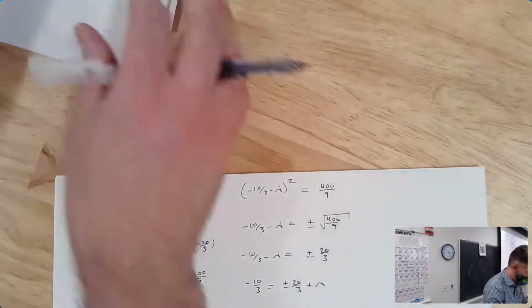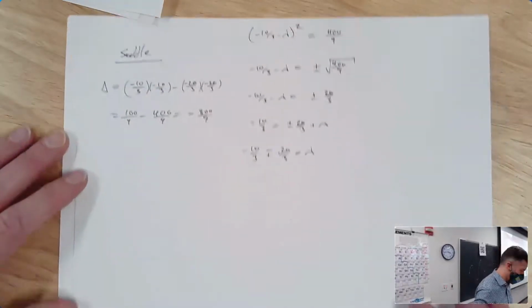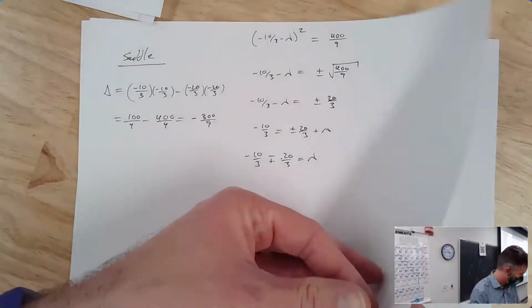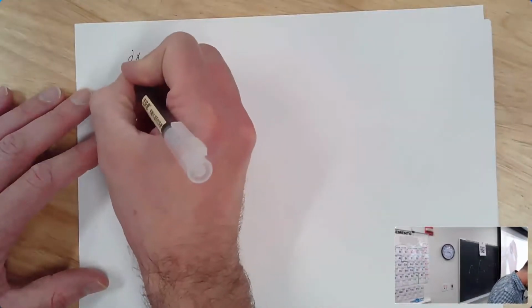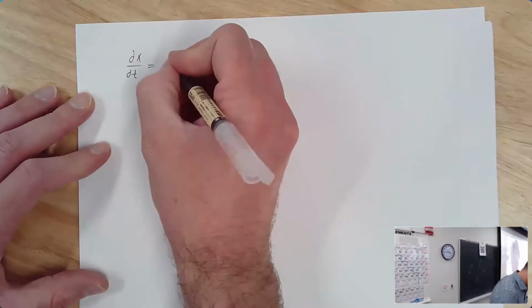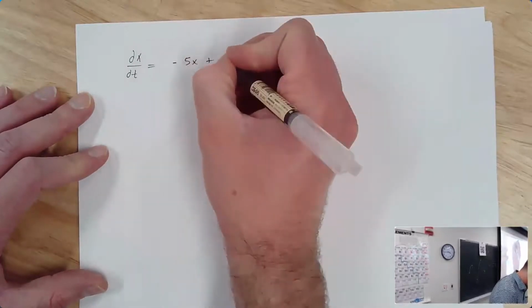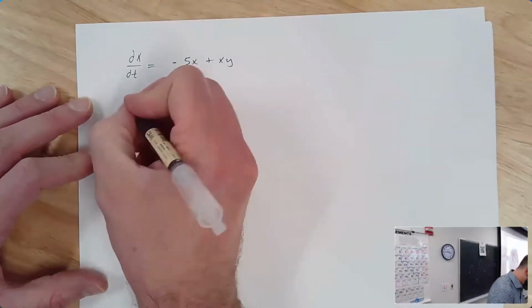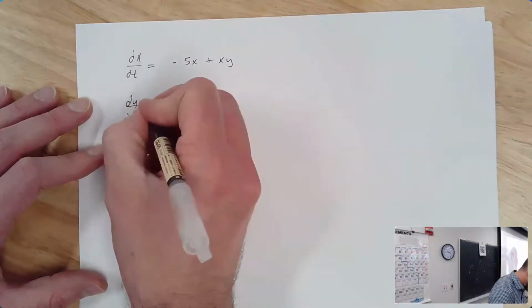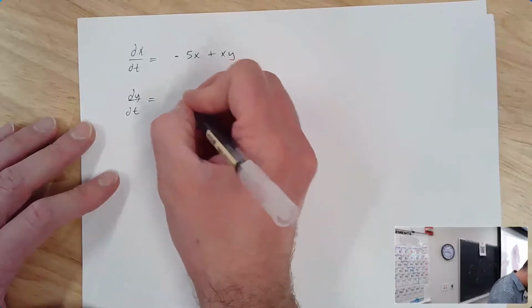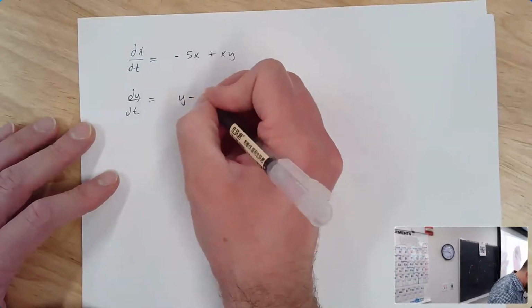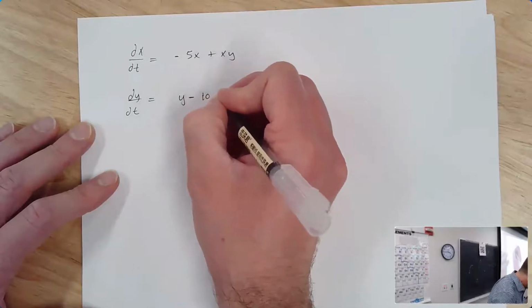Sure. So let's look at one more of these nonlinear ones, because I want to point out something. Let's say we have something like this. dx/dt is equal to negative 5x plus xy, and dy/dt is equal to y minus 10xy.